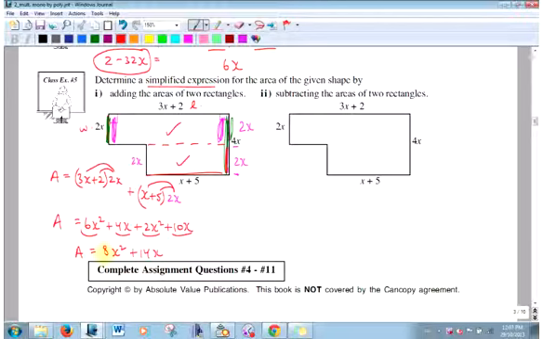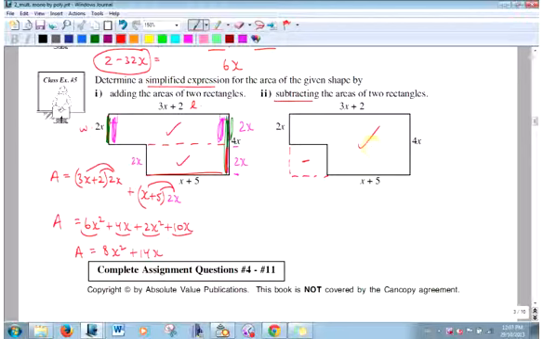Okay? That's just one way to do it. Look at the other way. This is the same shape. Could I do this by subtracting? How about I just calculate the area of the whole thing and then subtract that little chunk? Would I be left with the area of this?